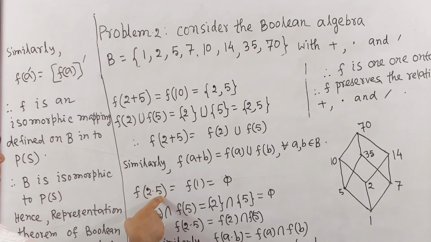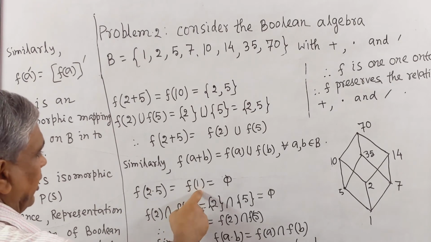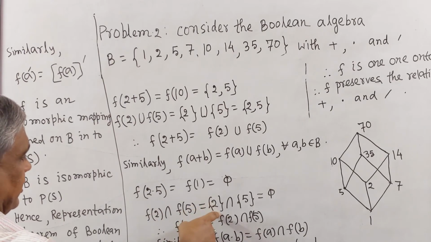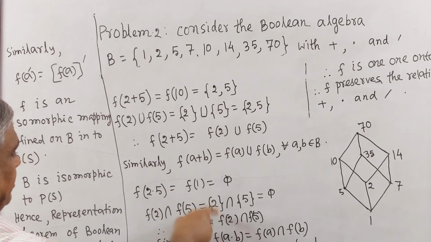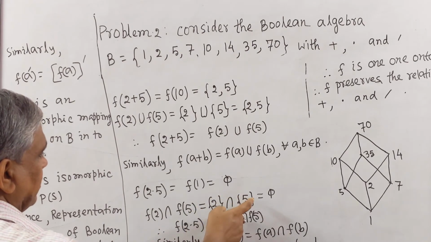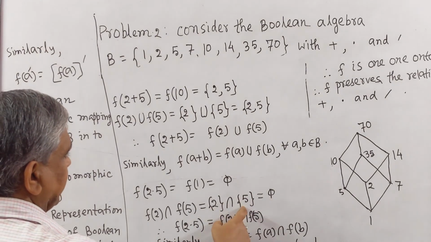F of 2 dot 5. Dot means GCD. GCD of 2 and 5 is 1, and we have seen that F1 equal to the empty set. Now F2 intersect F5. Here F2 equal to a set containing only element 2, F5 equal to a set containing element 5, and the intersection of the two sets is empty.